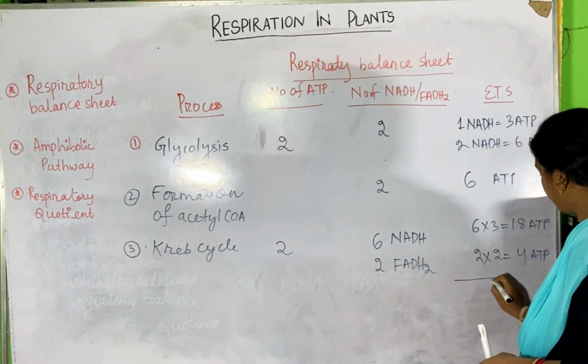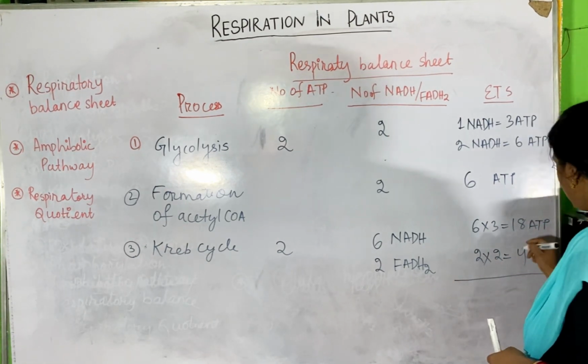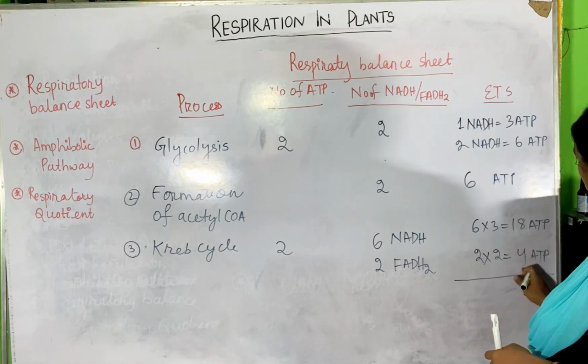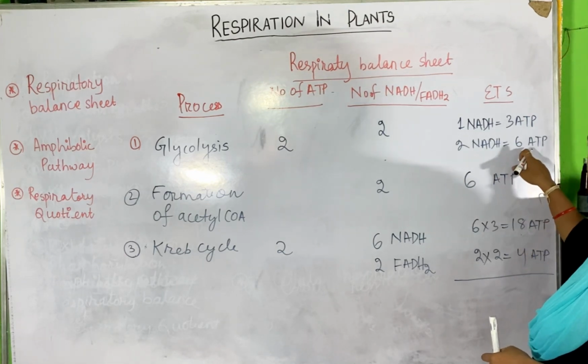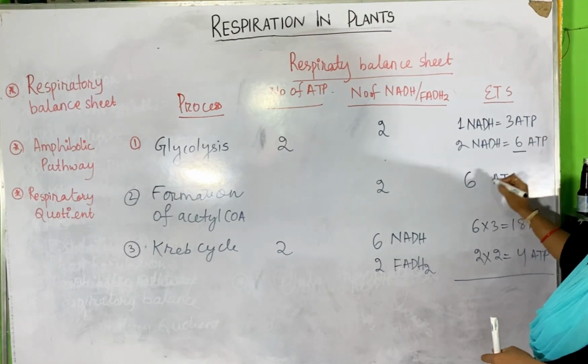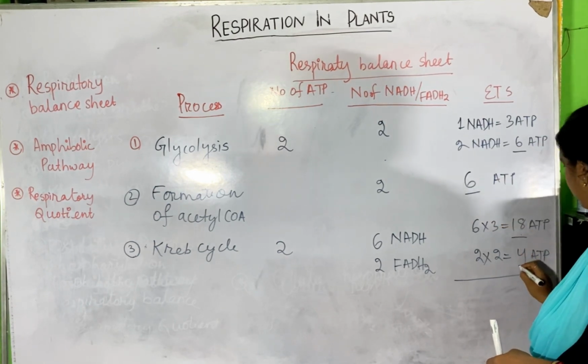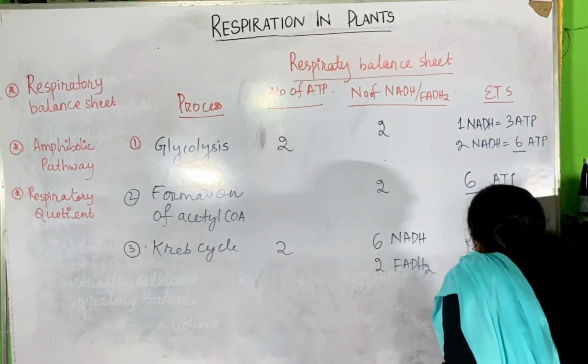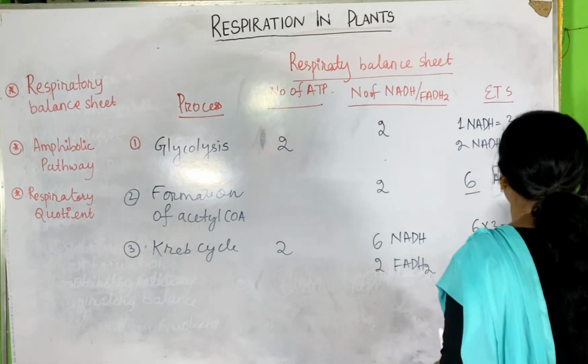So now let's sum this: 18, 4, 6, 6, 6, 6, 18 and 4. That is 34.